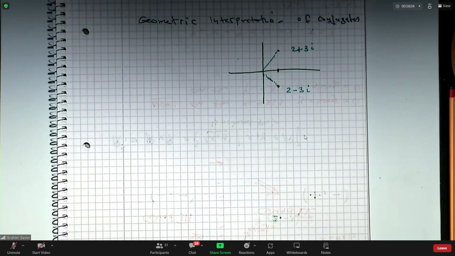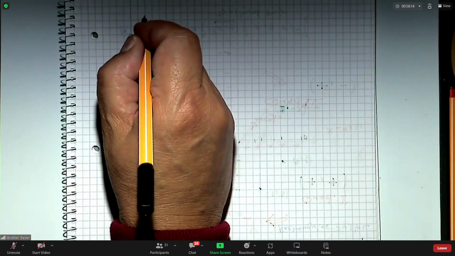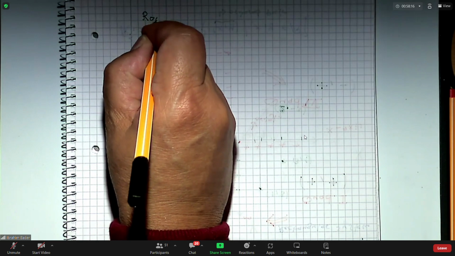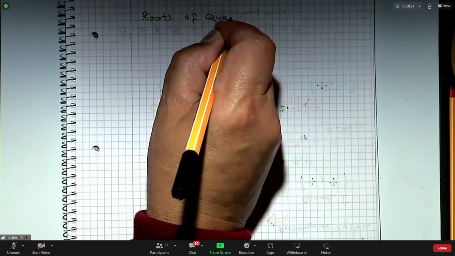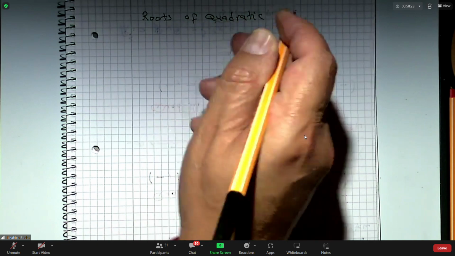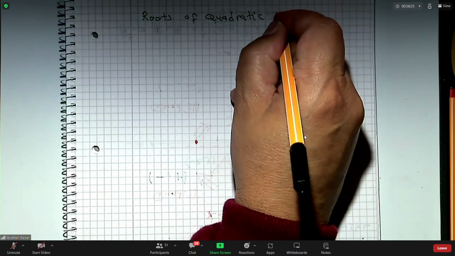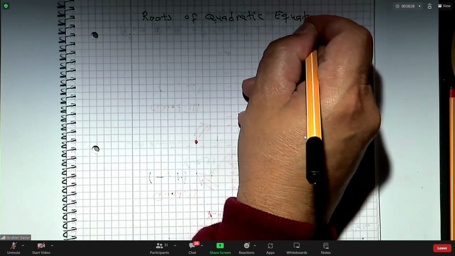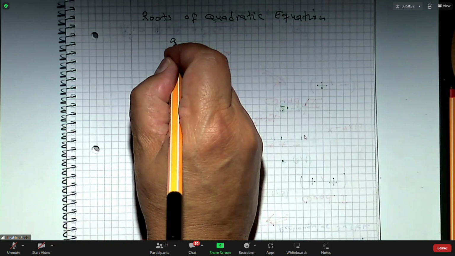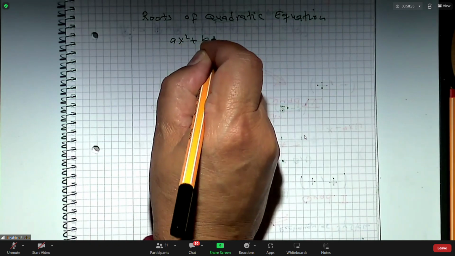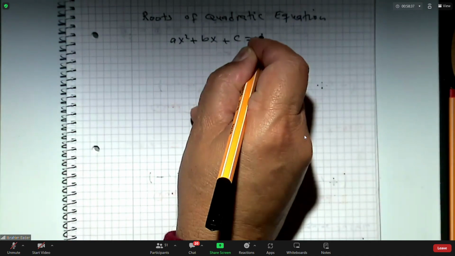Another thing that I just wanted to remind you, which is closely related to complex numbers, and I think this is one of the things that we talked about very often: roots of quadratic equations. I never memorized that, but I try to. Ax squared plus bx plus c equals 0.